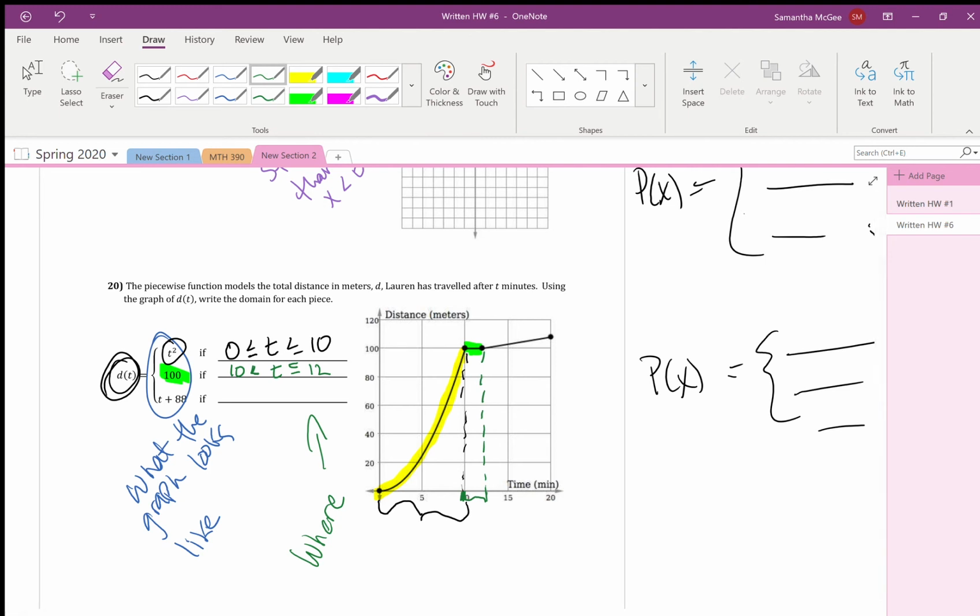We're left to fill in one more part, and it's this last chunk. I can see that that chunk is happening from 12 until 20.